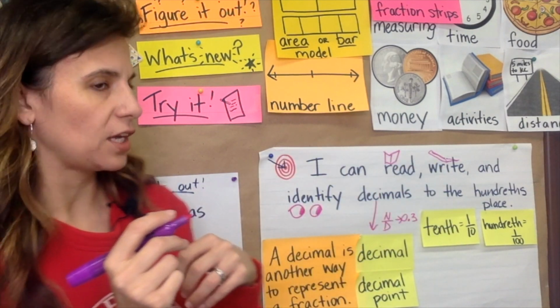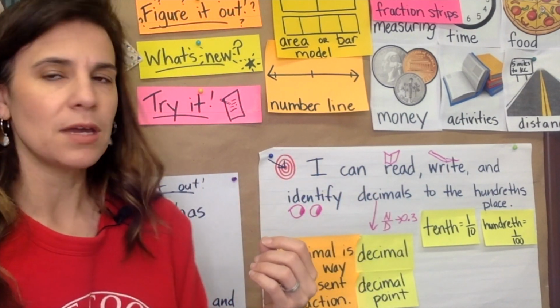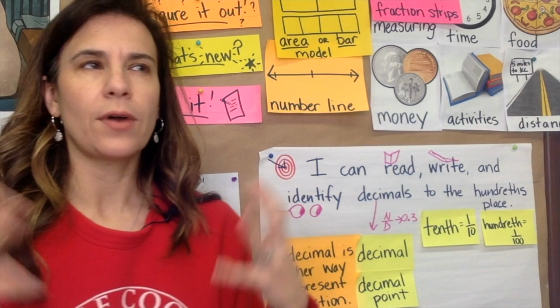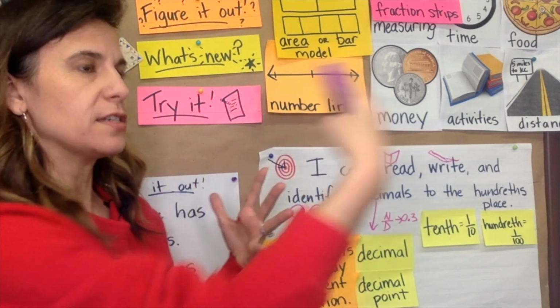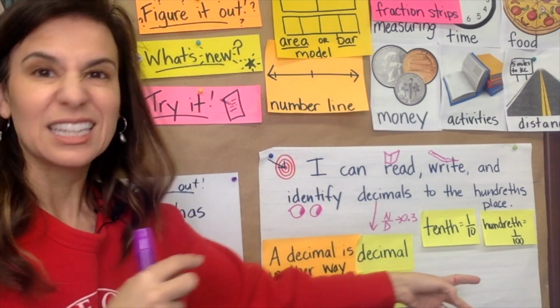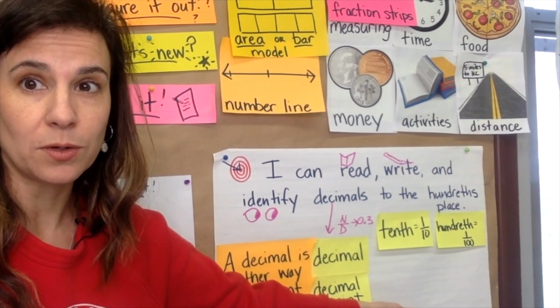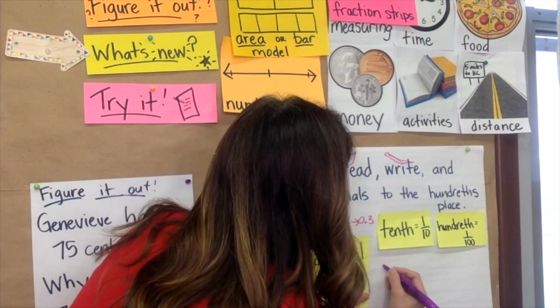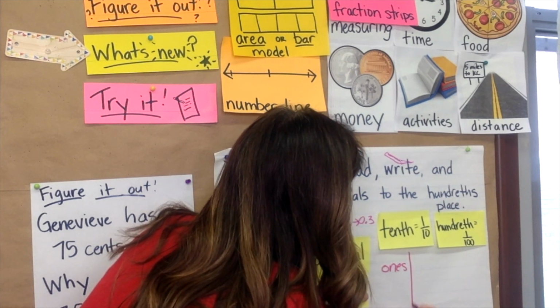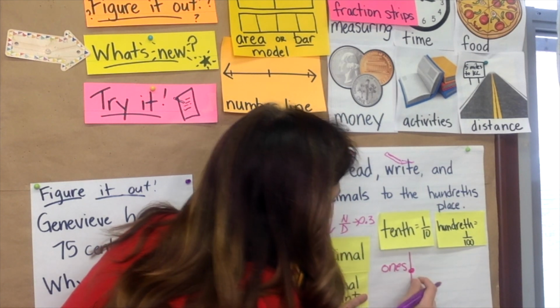To the hundredths place. Well, to the hundredths place, you might be thinking, okay, I could do that, but what other places would come before the hundredths place? Let's draw a quick place value chart to see what other place values we would be doing there. So we have ones, that's the whole number, and that's where the decimal point goes.